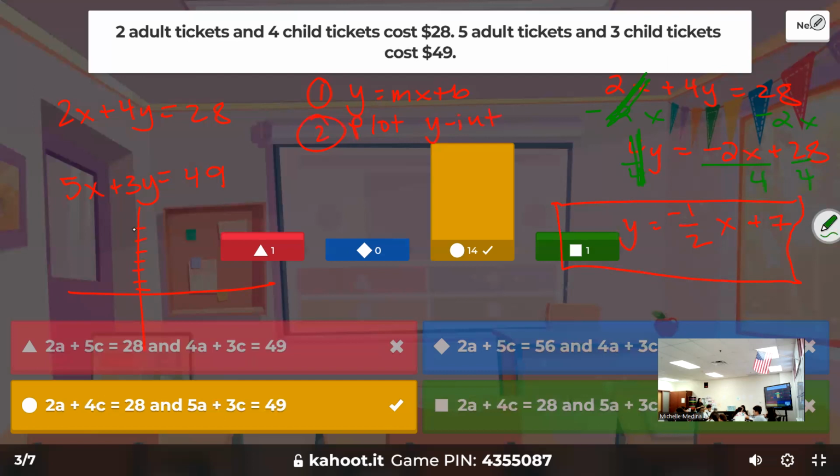I put a dot here. And then how do I know where my next dot goes? You use your rise over run, your slope, to plot next points.